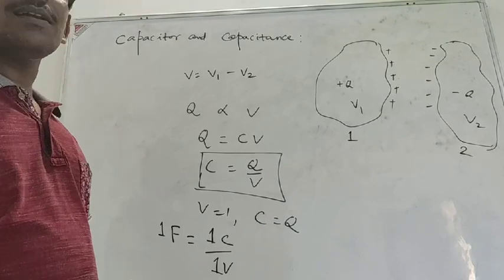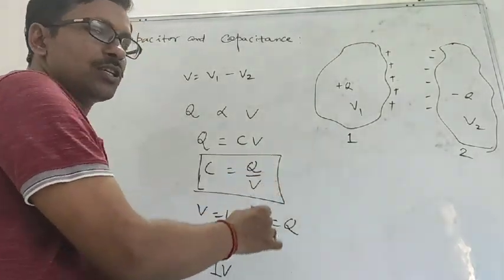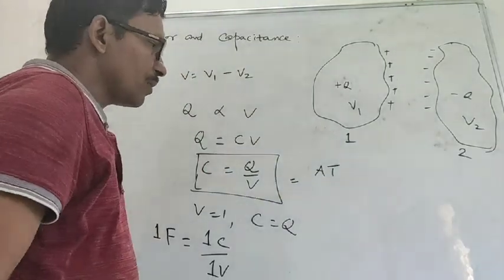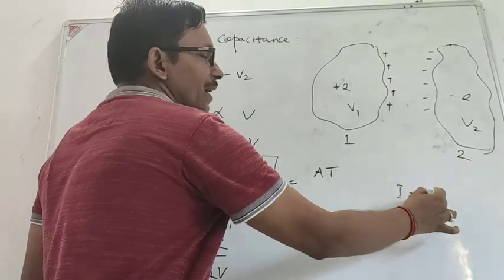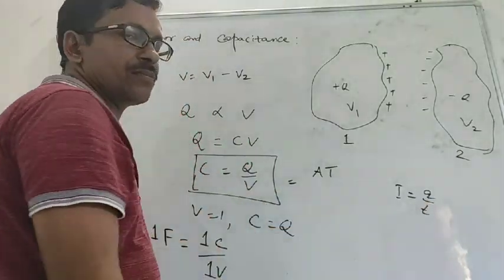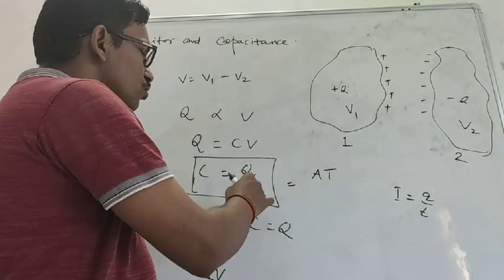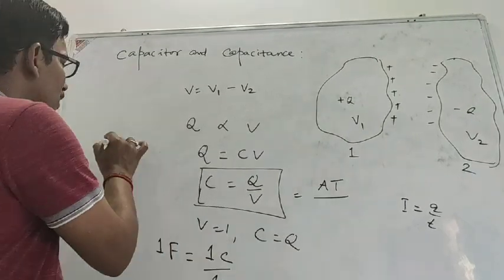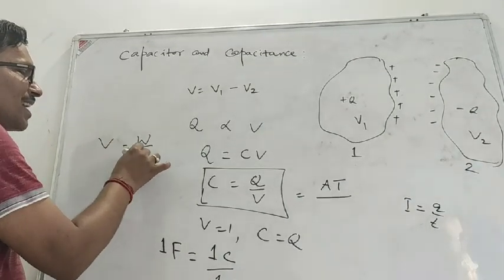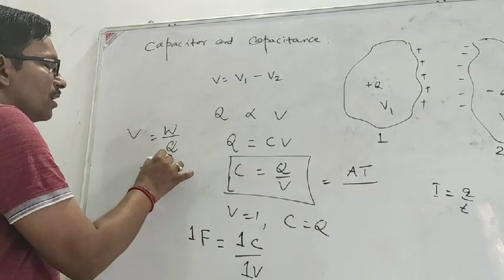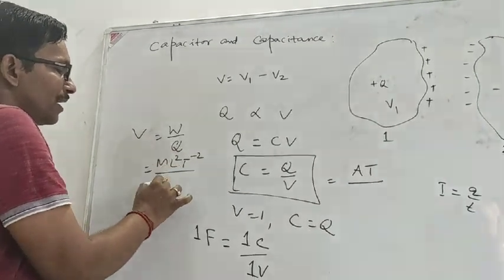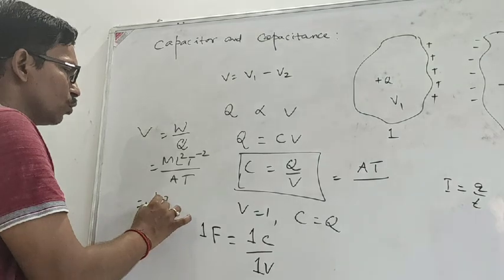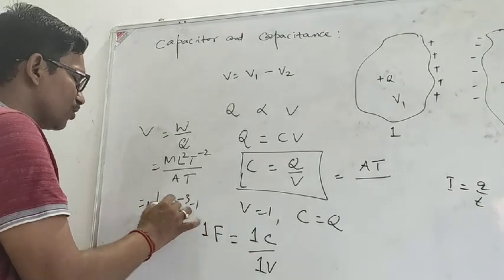Then what about the dimensional formula of capacitance? Capacitance is equal to Q by V, and you know charge is A into T, because I is equal to Q by T, charge by time. So charge is current into time. For current we write A, for time T, so charge is AT. What about the potential difference? You know potential difference V is equal to work done by charge, and work done is M L2 T minus 2, divided by Q which is AT, so we get M1 L2 T minus 3 A minus 1.